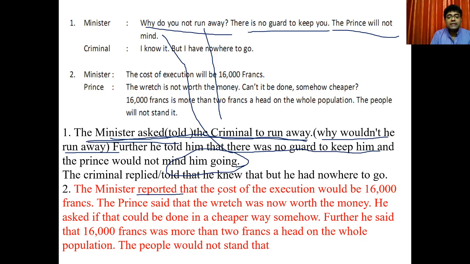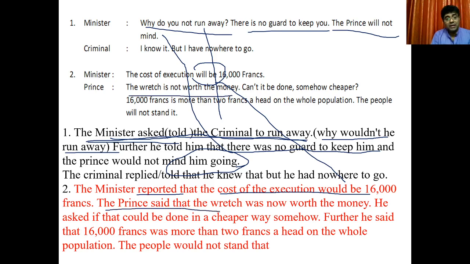The minister reported that the cost of the execution would be, that is, will be has been changed into would be 16,000 francs. Further, the wretch is not worth the money. The prince said or commented that the wretch was not worth the money. You can use the word commented.